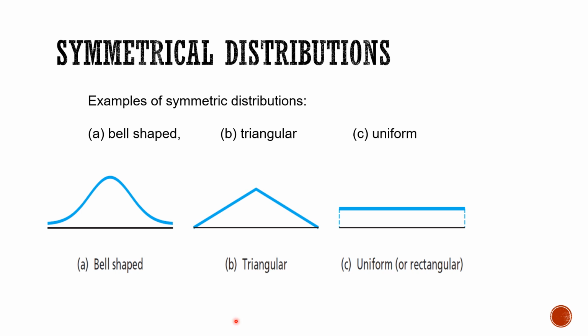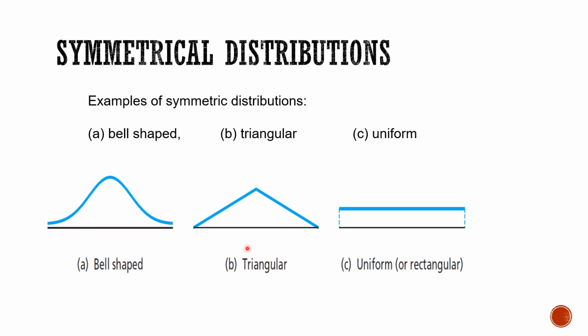Now, symmetric distributions can come in different shapes. We already know about the bell-shaped distribution, bell-shaped curve, which is symmetric, and it takes the shape of a bell. It's a smooth curve, all right? So that means there are values at every point on the curve.